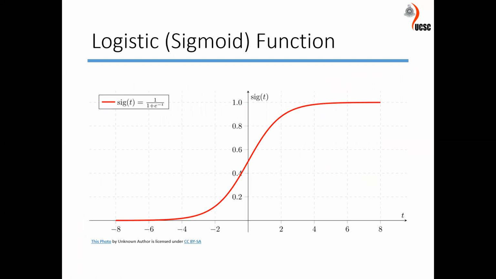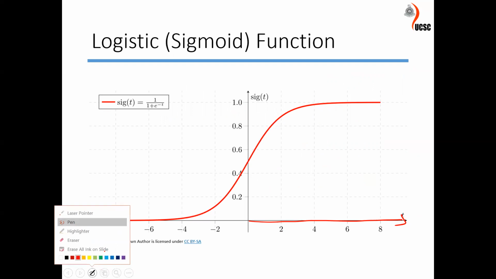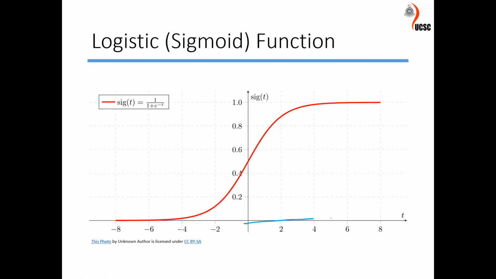This is just one such function. We call it the sigmoid function, right? You can see, if I keep increasing the value, this function converges to 1. Then if I go to negative infinity, you can see this function converges to 0.